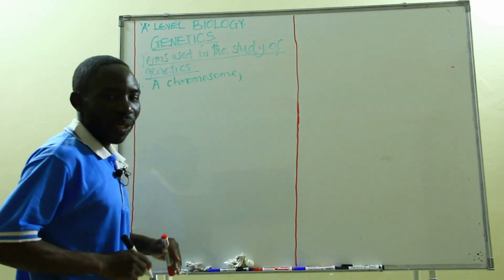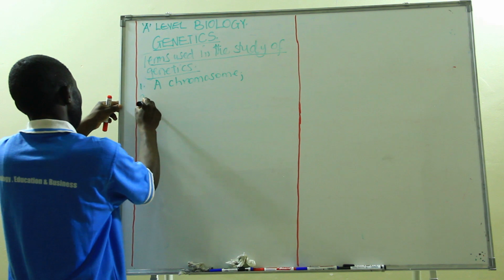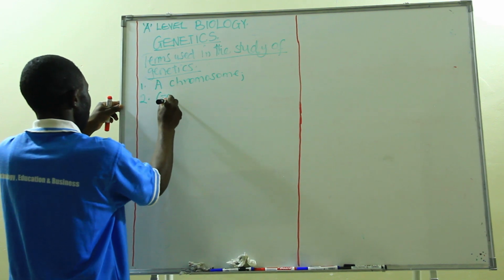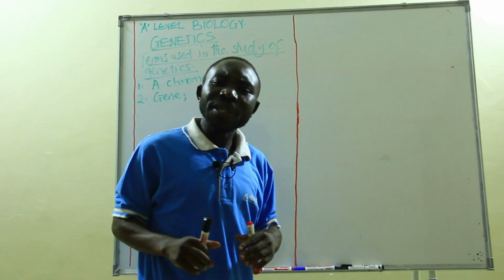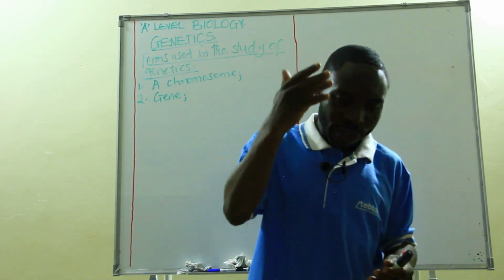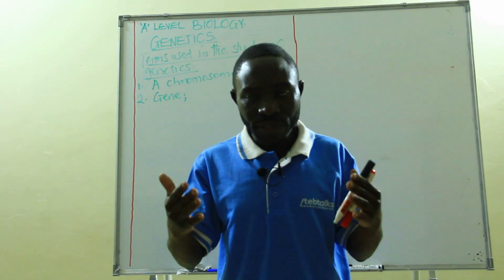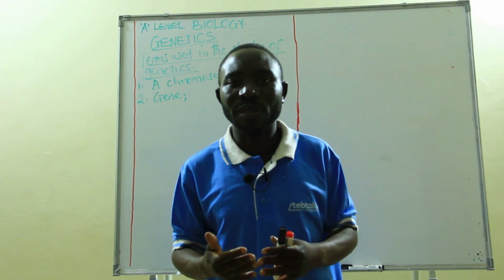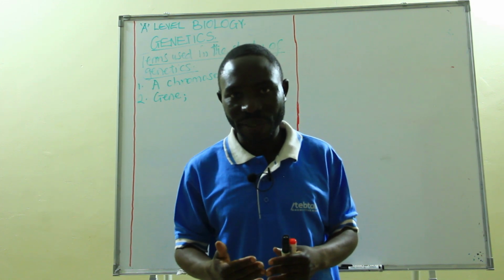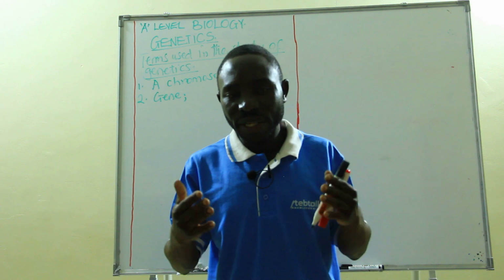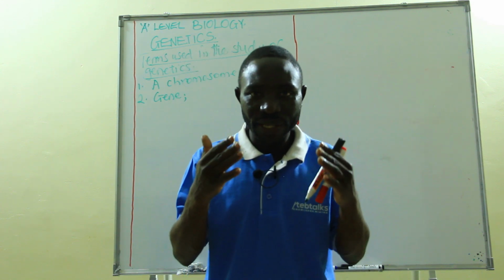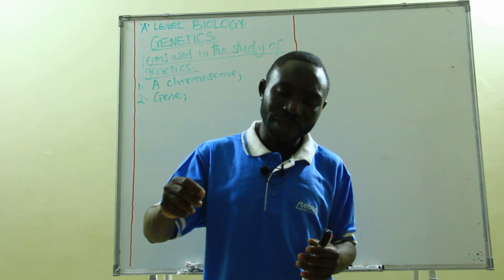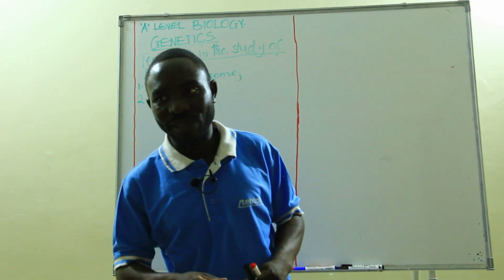Then two, a gene. A gene is defined as the basic unit of inheritance that determines a particular characteristic. Or we can define a gene as a section or portion of DNA that determines a particular characteristic.